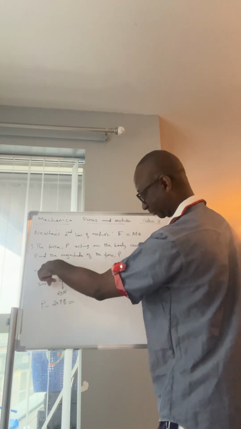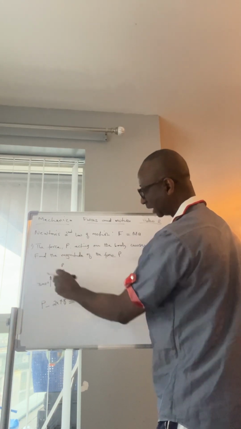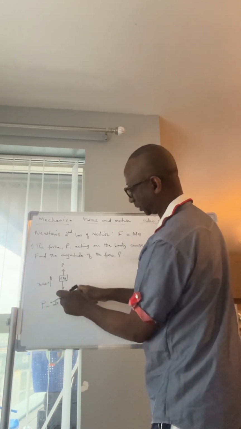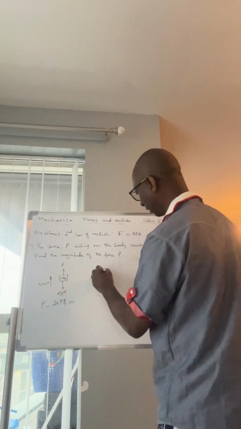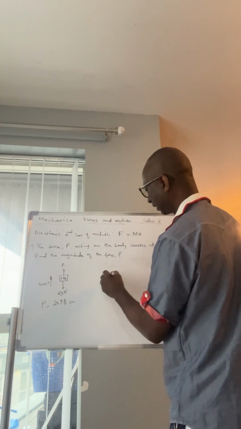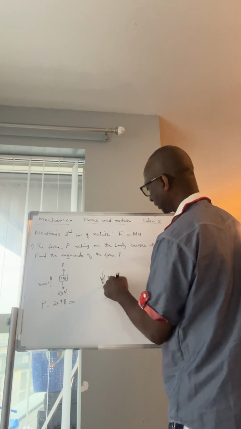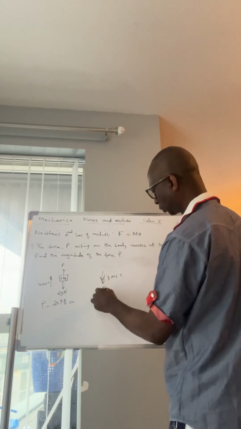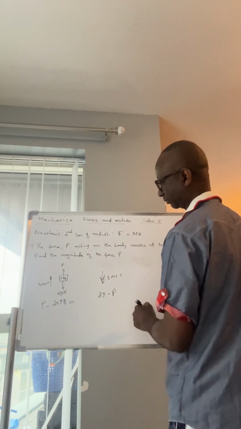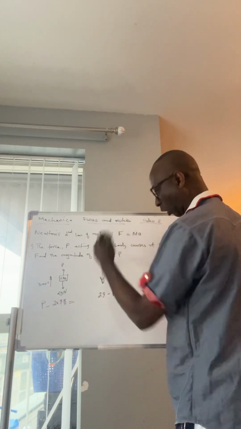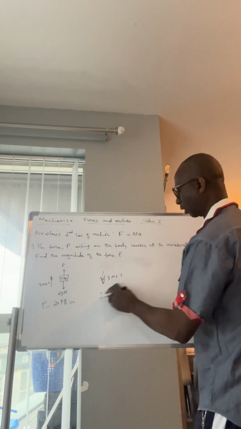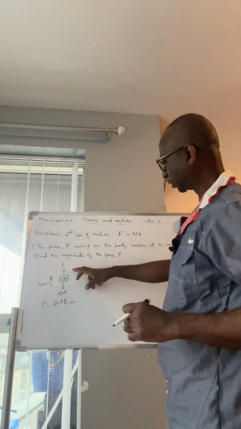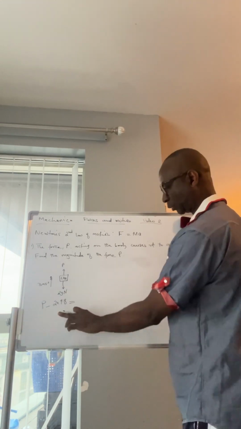If it was decelerating, with the arrow going down like this, then we would subtract the other way, and it would be 2g minus P. But because the arrow of acceleration is going up, it's telling us the object is going up, it's accelerating. So this force must be greater than this force here. The normal force must be greater than the weight force. That's what we have just done here.